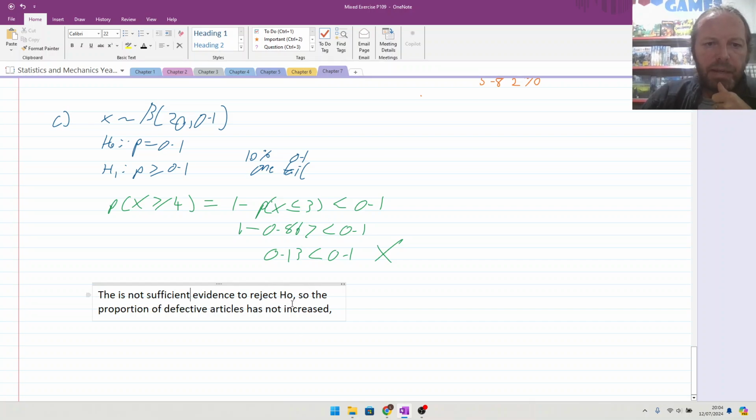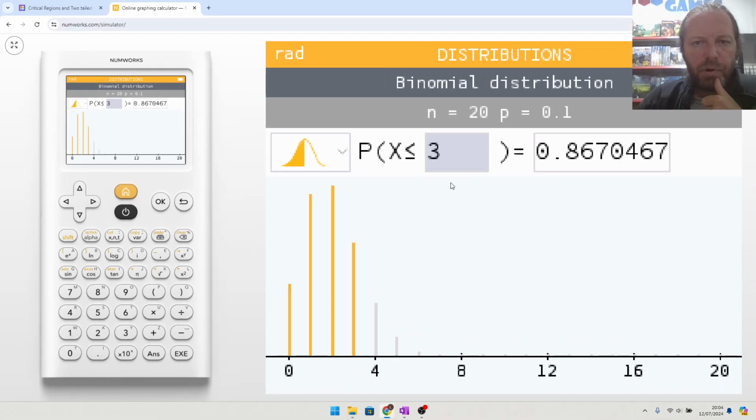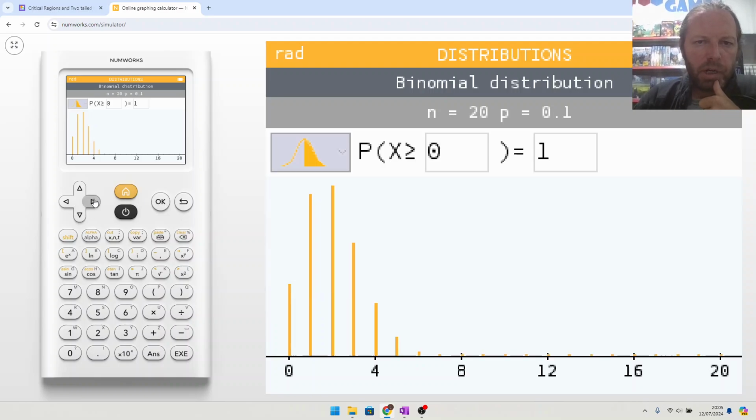So we accept H0 that the probability is still 0.1 because we were way out there. We could go back and have a look at this with the calculator and just see at what point we would have needed to get it. Well, let's just change this over so we don't have to do the one takeaway option on it.